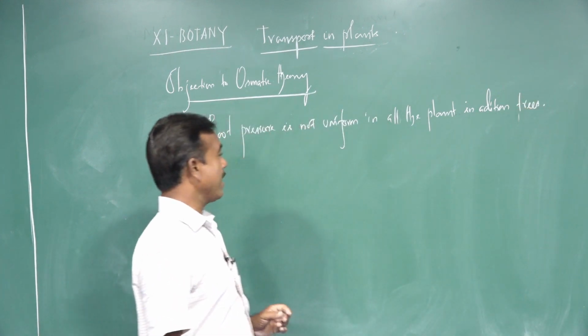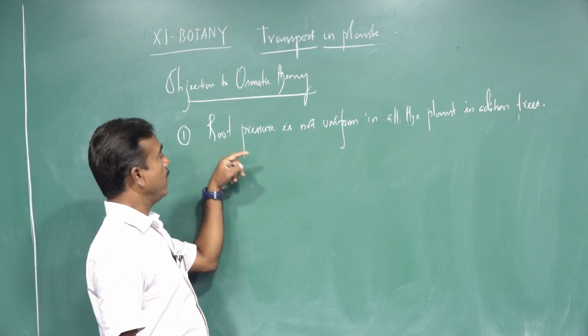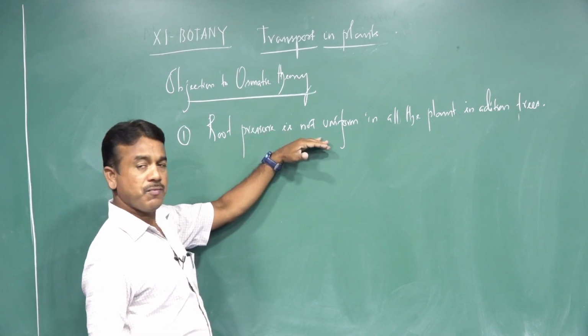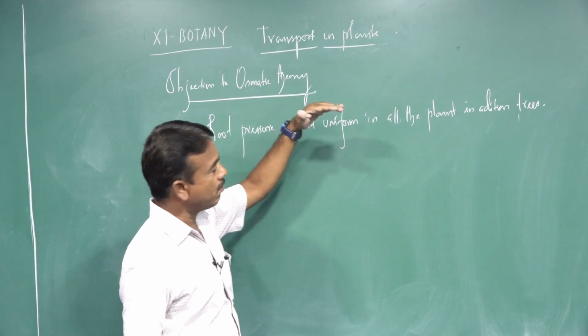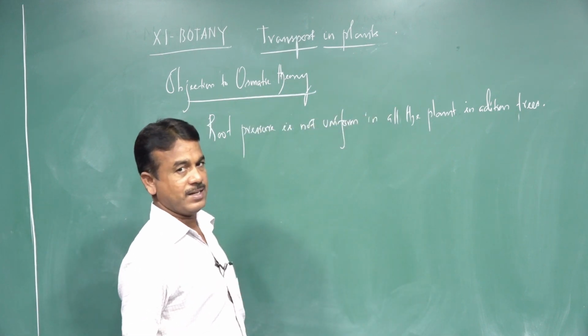This is the first objection, that root pressure is not universal in all kinds of plants, especially trees.